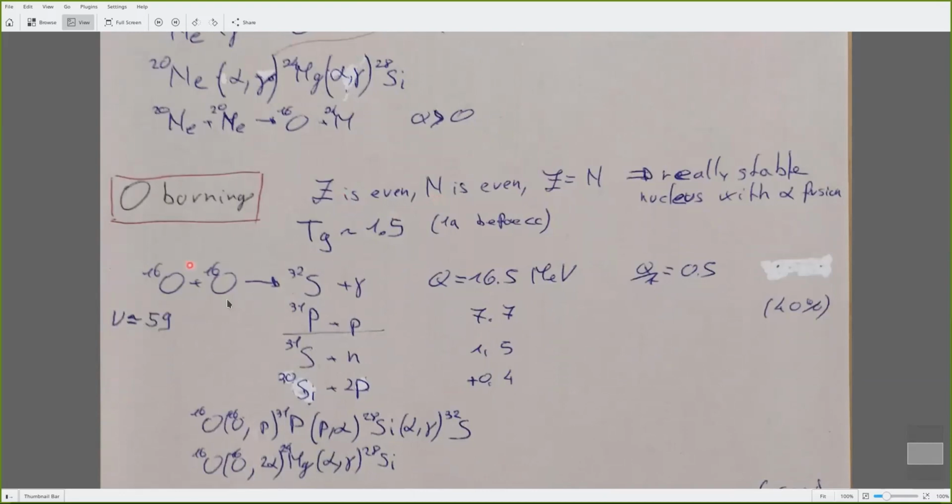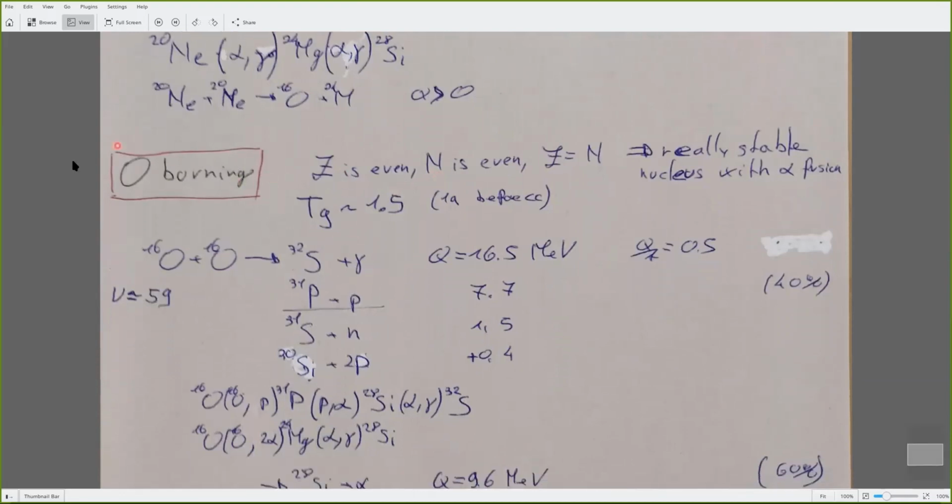The next that produces energy is the oxygen burning, but it needs a higher temperature, 1.5 billion. So before, you have a little neon that subtracts a little energy with the contraction, and then it goes to oxygen. Oxygen, as I said, has Z equal to 8 and N equal to 8, both even, so the mass number 16 is really stable.